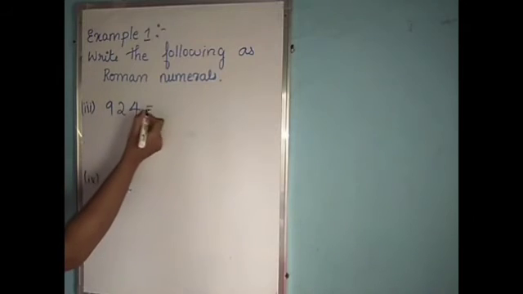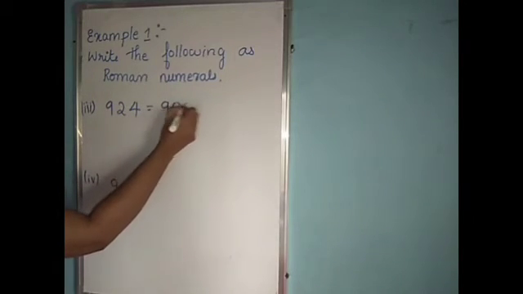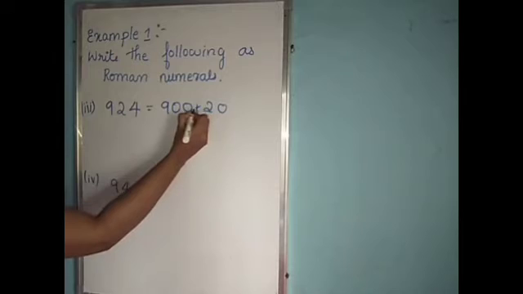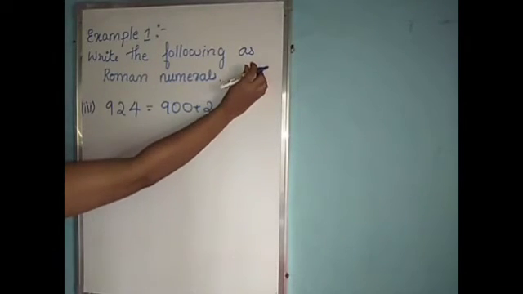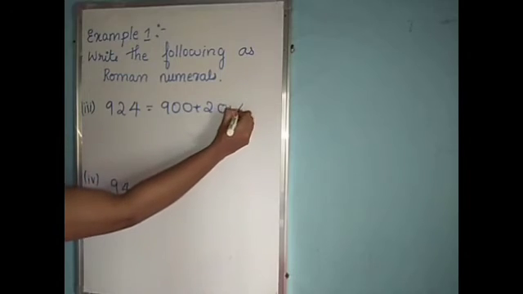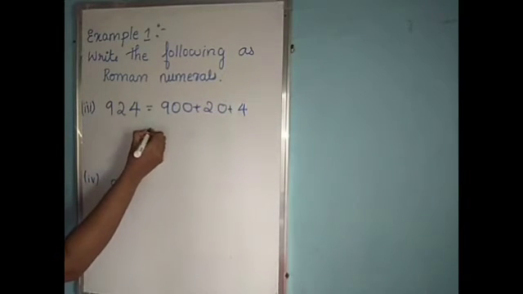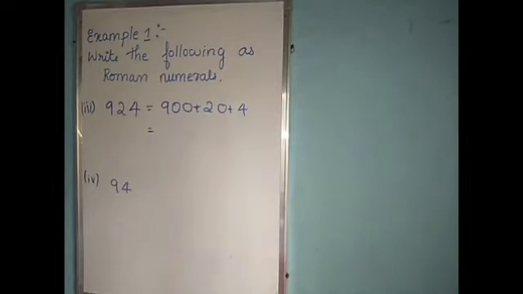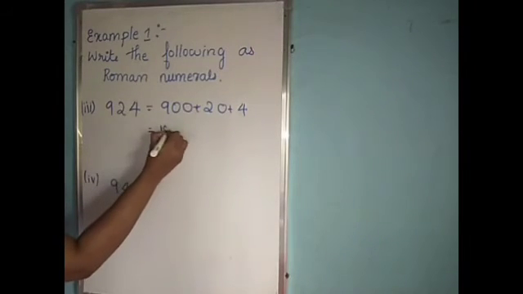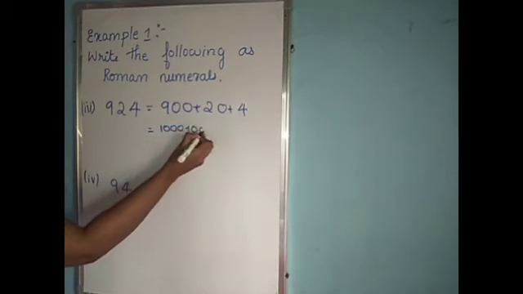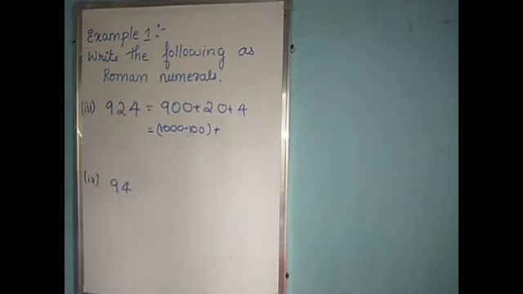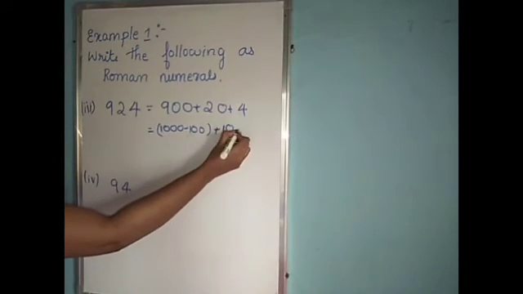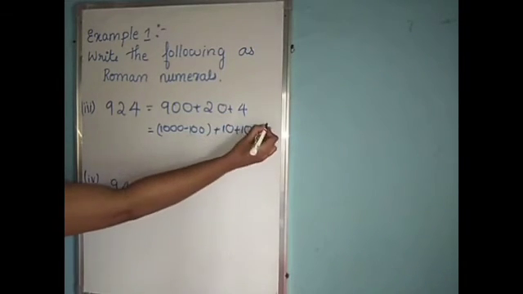So expanded form of 924 is 900 plus 20 plus 4, is equal to, we can write 900 as 1000 minus 100 plus we can write 20 as 10 plus 10 plus 4.